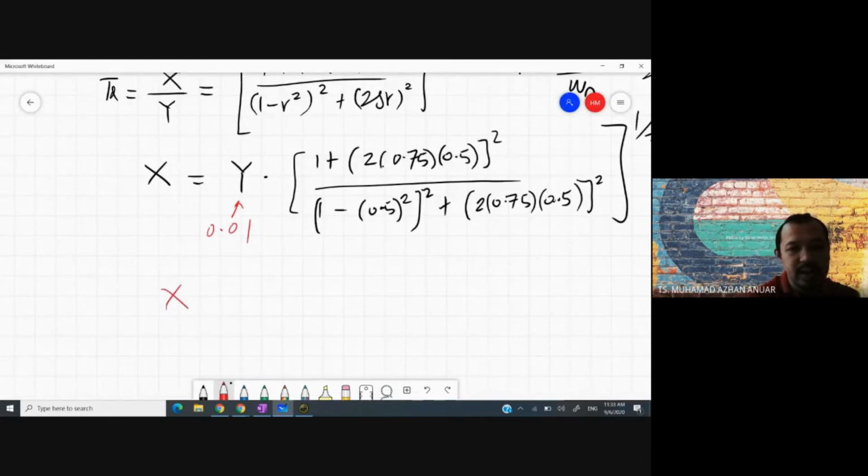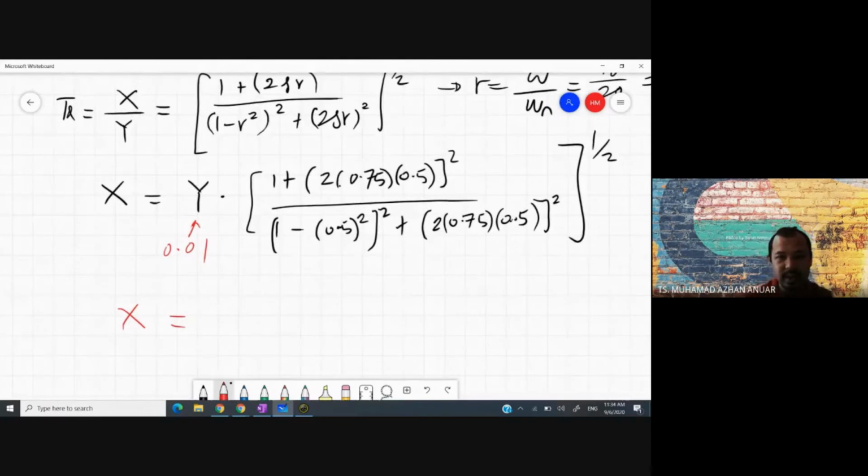You should get your x is equal to, let's calculate this all together. 0.5 square plus 2 multiplied by 0.75, 0.5 square. I forgot to put square here.